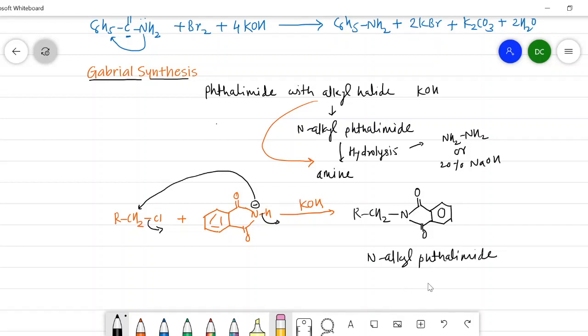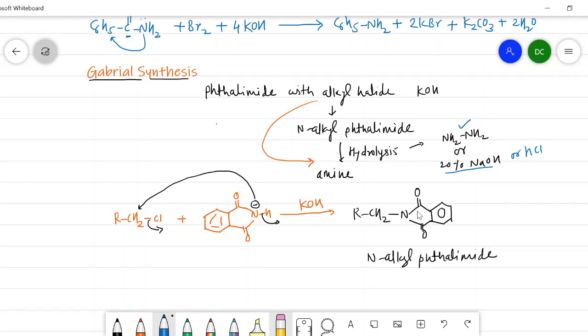Now this N-alkyl phthalimide can be hydrolyzed in presence of hydrazine hydrate or 20% NaOH. Out of these, hydrazine hydrate is traditionally used, but it gives poor yield. That's why generally 20% NaOH or HCl is used for the hydrolysis of this N-alkyl phthalimide.